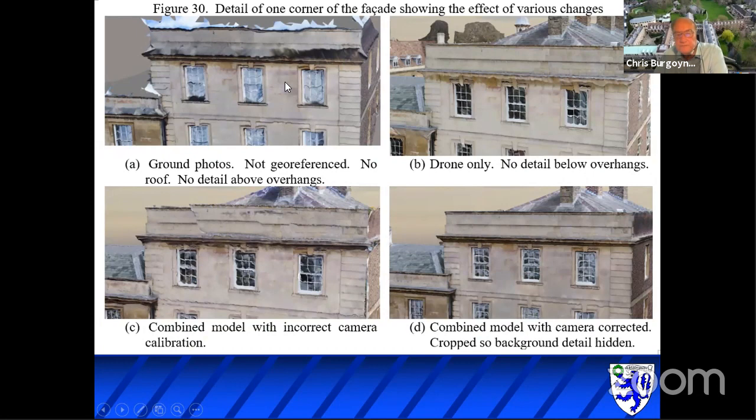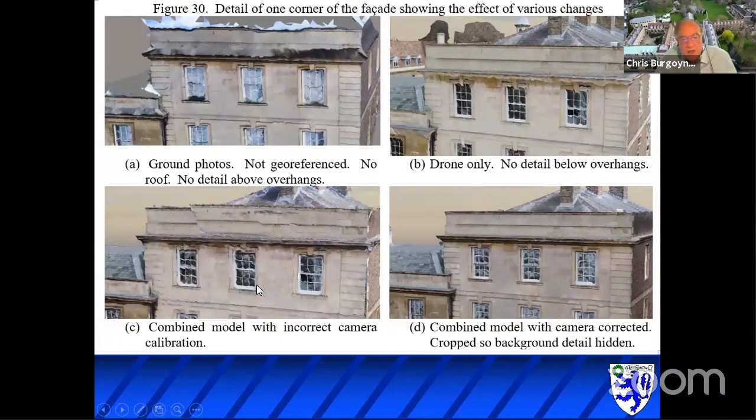And it's worth looking at one area, what happens when you look at different sets of photographs. So this is the top right-hand corner of the college facade. And if you take photographs from the ground, you don't see the roof. If you take photographs from the drone, you don't see the detail underneath the overhangs of the college.